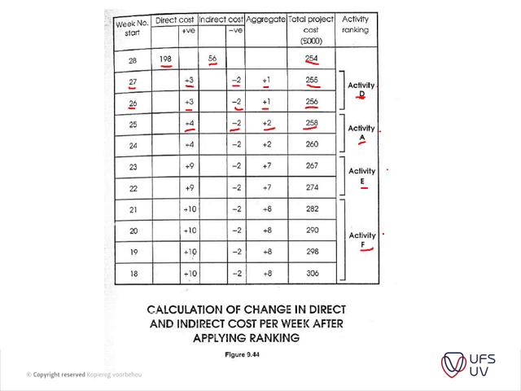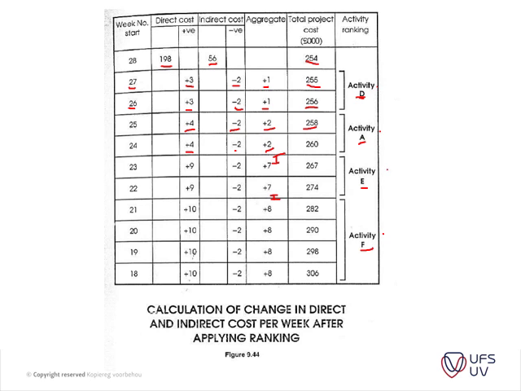Then we look at item A, we reduce it by another week, and we still add an aggregate of 2. Then we do the same, and here we can see a substantial increase, jumps to 7,000, and here it goes to 8,000. Then it wasn't taken any further than that.